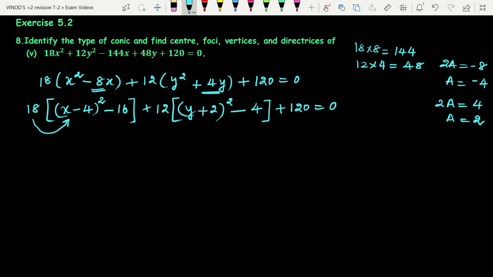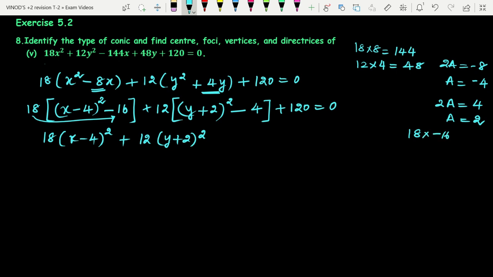Now 18 must be multiplied with (x − 4)² and 18 must be multiplied with −16. 12 must be multiplied with (y + 2)² and 12 must be multiplied with −4. So 18(x − 4)² + 12(y + 2)². 18 into −16 is −288.